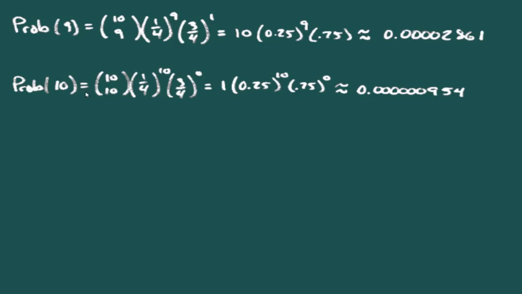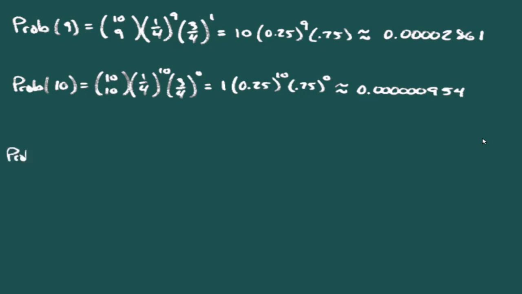And if we do the same thing for getting 10 questions correct, we get 10 choose 10 times 1/4 to the 10th times 3/4 to the 0 power, which gives us a decimal approximation of 0.000000954. So the probability of getting all 10 questions correct just by guessing is incredibly small.